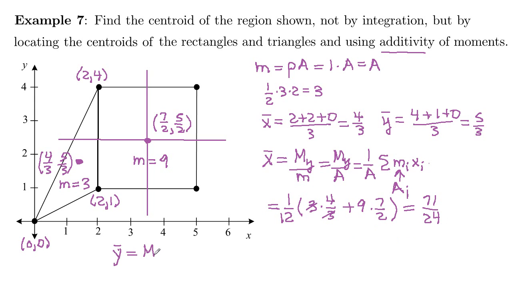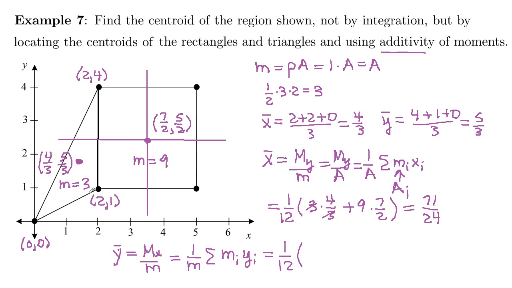And then y bar is the x moment divided by mass. So this is the x moment divided by area again. So that's going to be 1 over mass, or 1 over area, and then we are going to sum up the individual masses times the y-coordinates of the centroids. Total mass is 12, so 1/12.